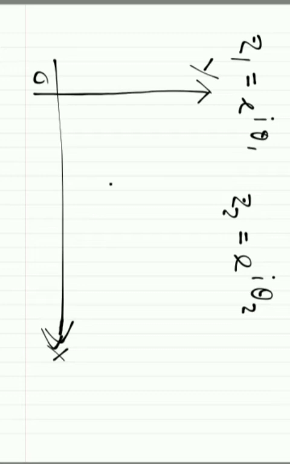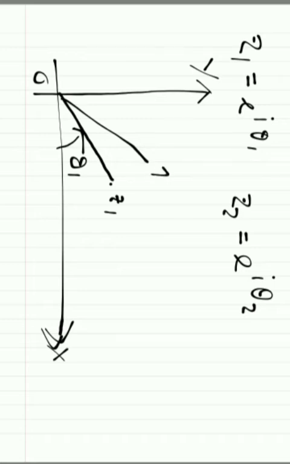Say this number here is z1. So if we join this with the origin, then we will get this angle as theta 1. And in the same way, suppose we are taking this number as z2, then we are getting this angle as theta 2.